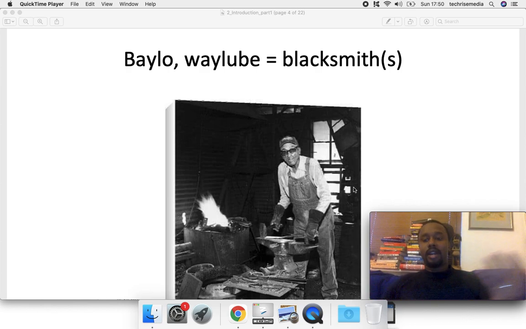Again, it's the pronunciation because I'm reading from English, so it might sound a little bit different. So Wulebe is blacksmiths. These are kambe kobe Wulebe. Kambe means they are blacksmiths, right? And then Bailo means just one blacksmith.